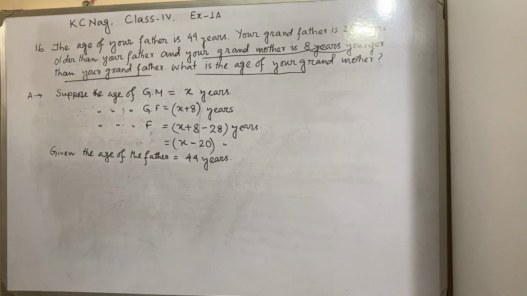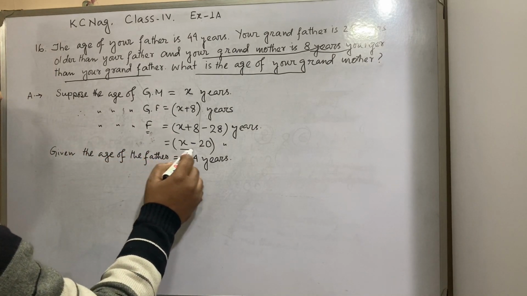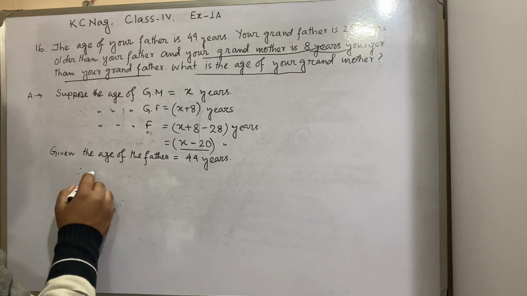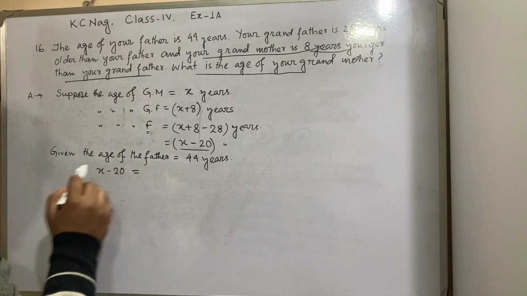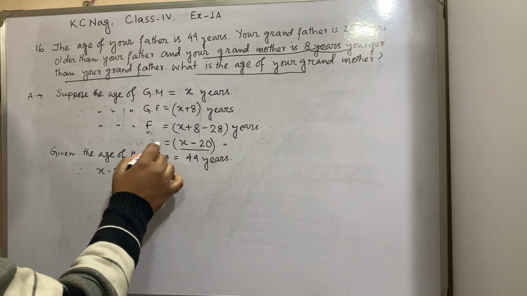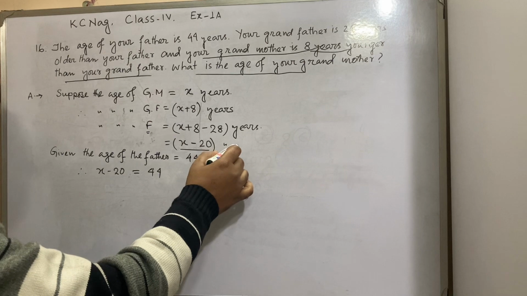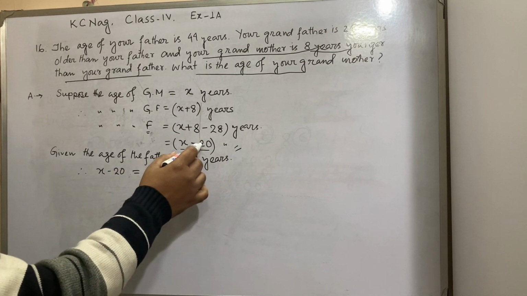Again, the age of the father is how much? X minus 20. Therefore, we can equate these to 44. From the condition, we have got the age of the father is x minus 20 years.